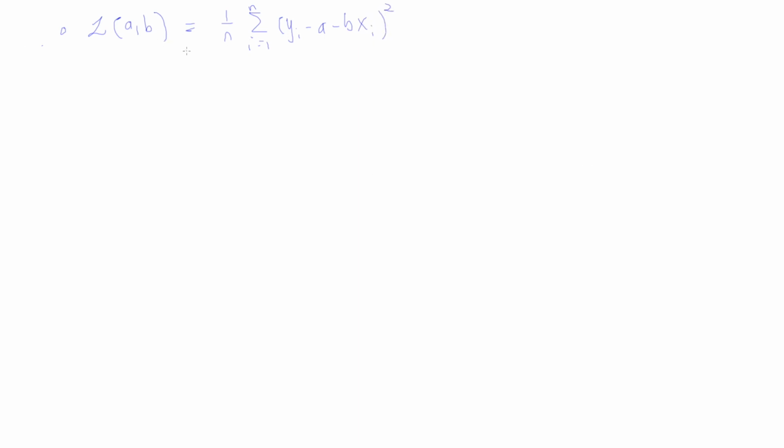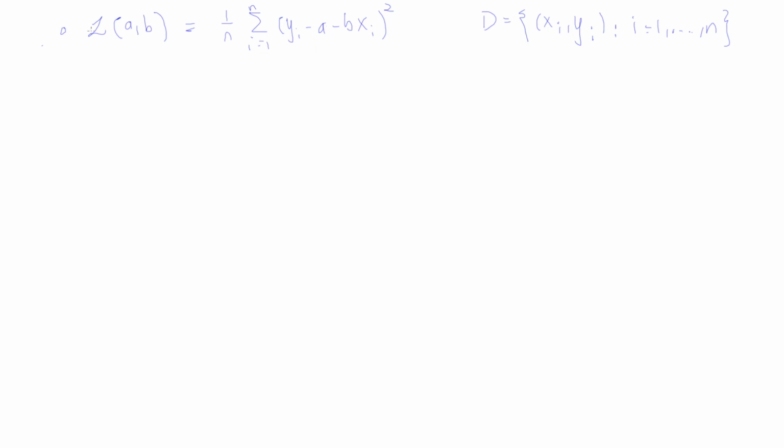Here I'm just making some quick assumptions that I have n data points, so our data set D is equal to some points (xi, yi), for i equals 1 to n. And I want to use these to figure out the best a and b.